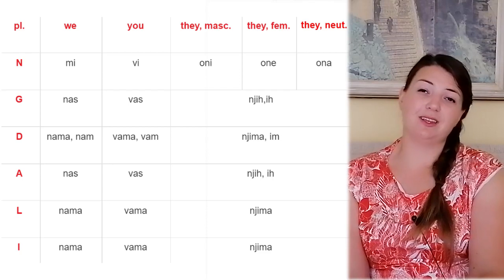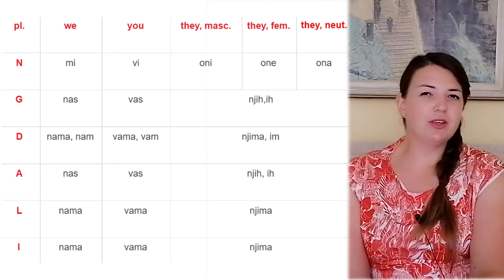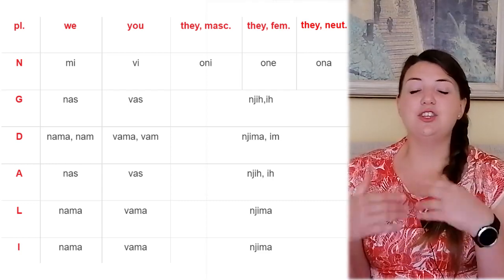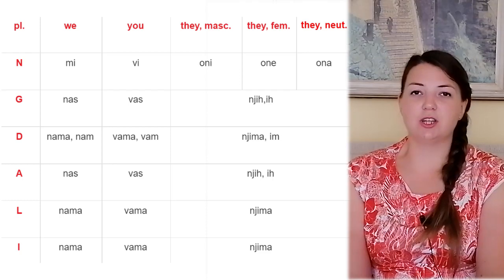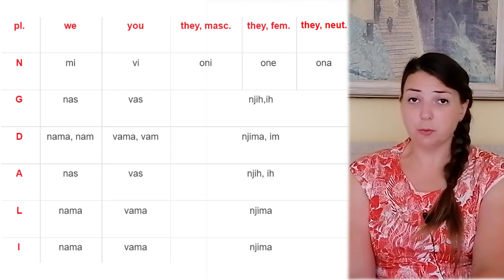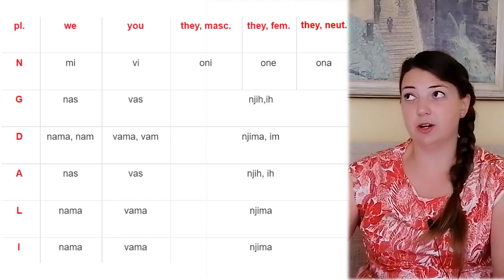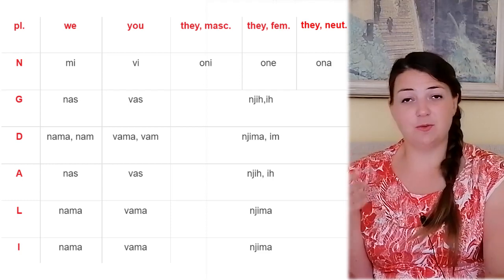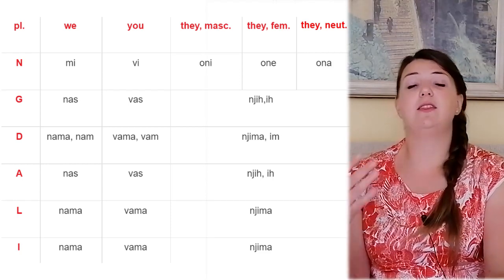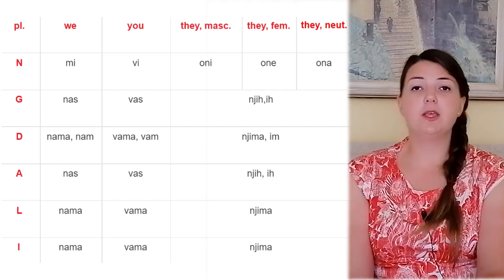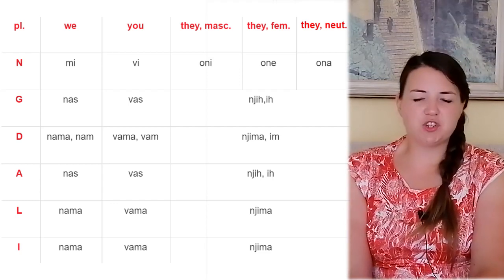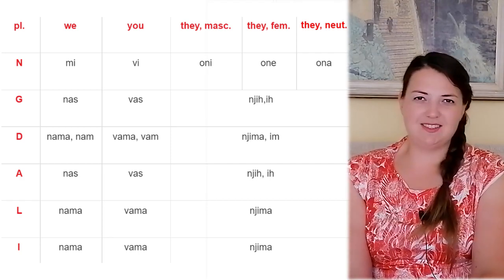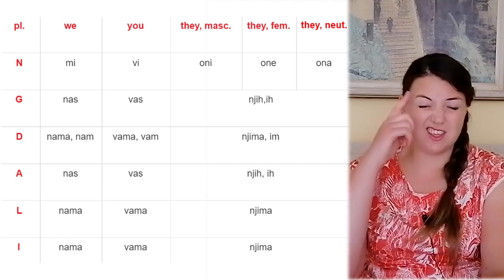So if you're talking to somebody elderly, or your employer, or you just want to express respect, then even though it's referring to one person, you have to use the second person plural to show respect, and then you capitalize this pronoun, okay? So in speech, just make sure that you don't go to somebody older and say ti. You need to say Vi. So just think of the second person plural.